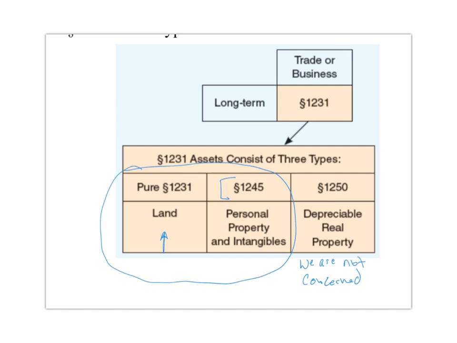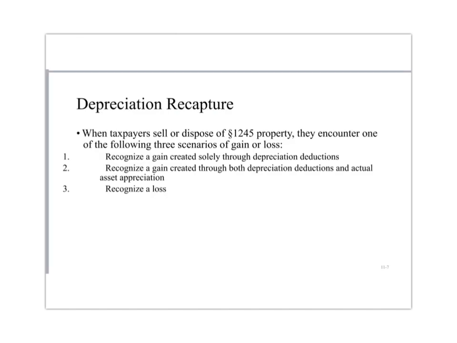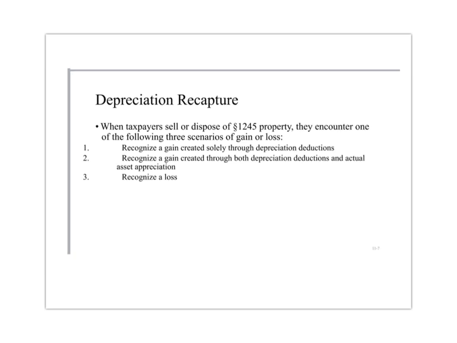Now let's talk about why we care. When you sell or dispose of 1245 property, so this is personal property, you encounter one of three scenarios.